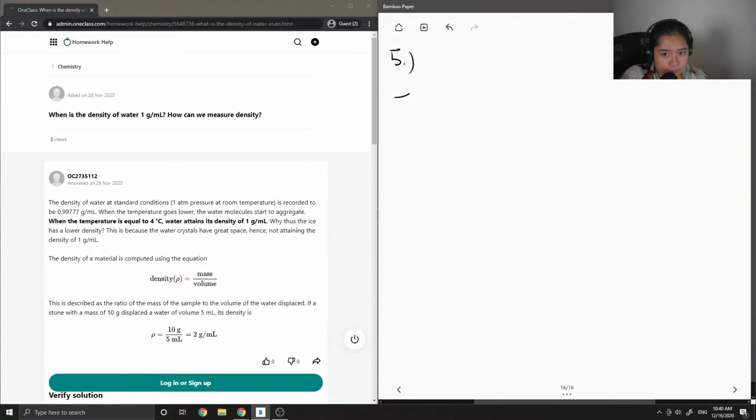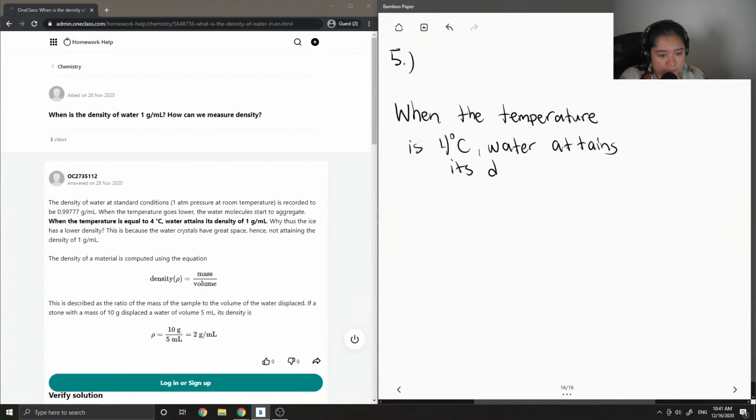So when the temperature is 4 degrees Celsius, water attains its density of 1 gram per milliliter.